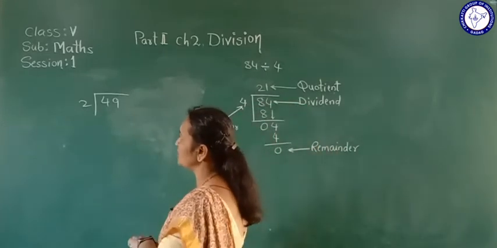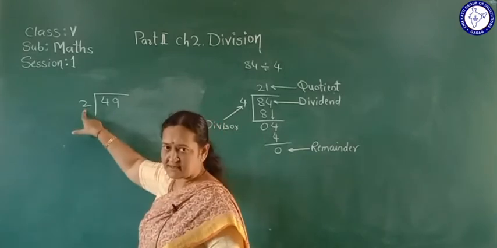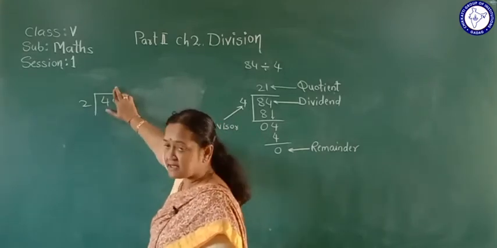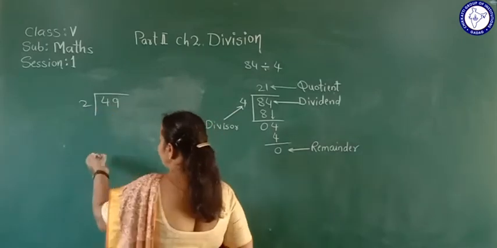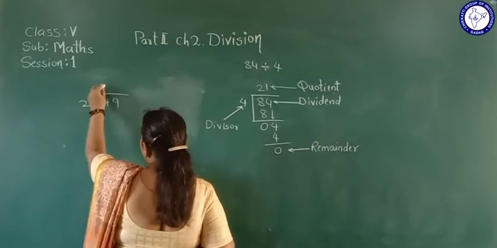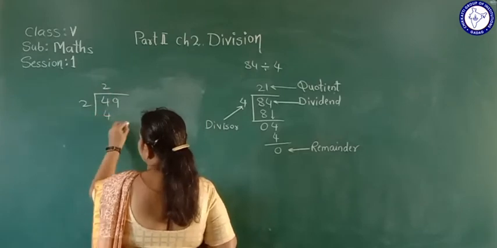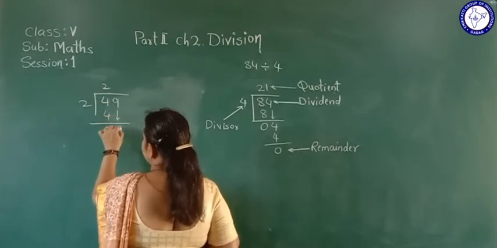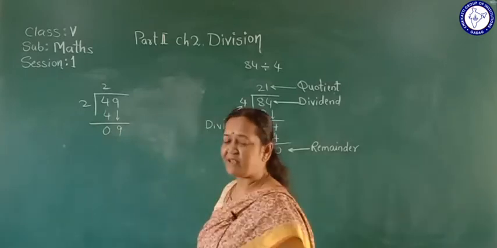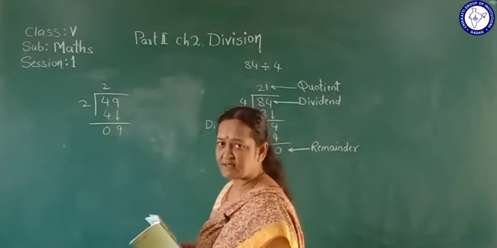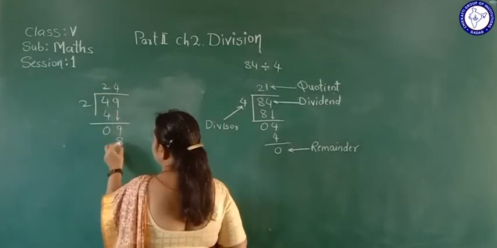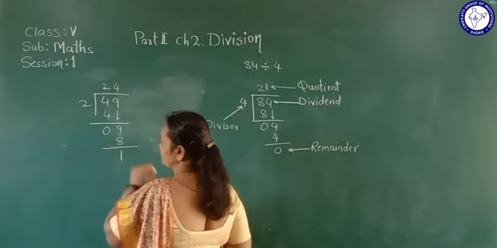Here 2 has only one digit. So take one digit. Then we find 2 2s are 4. Now 4 minus 4 is 0. Bring down this 9 here. Then in the 2 table, where do you find 9? 2 4s are 8. Then 9 minus 8 is 1.